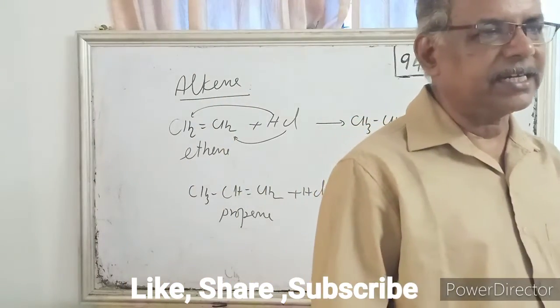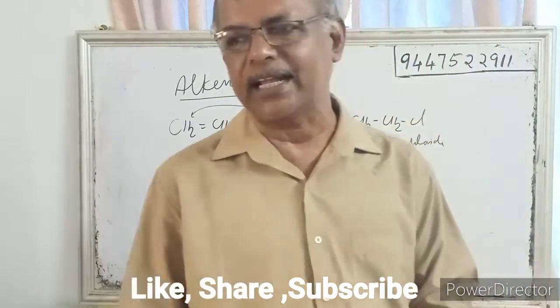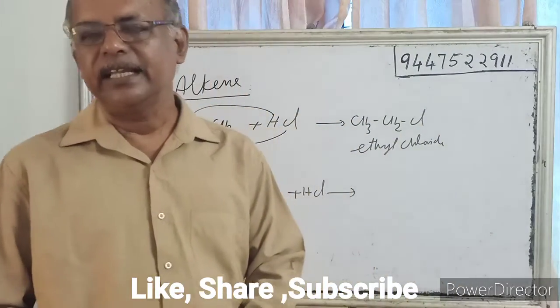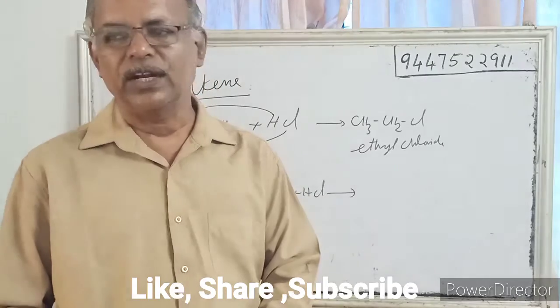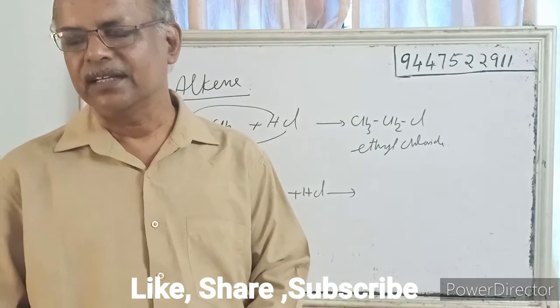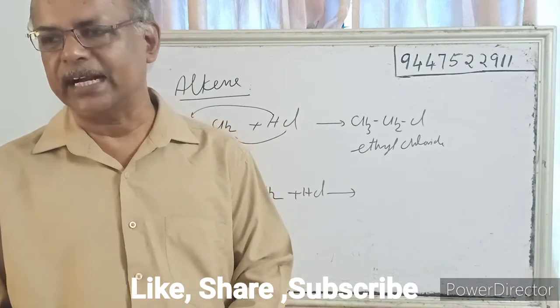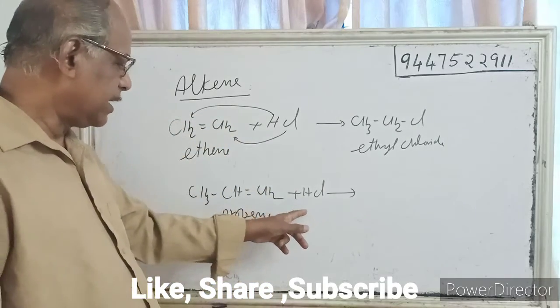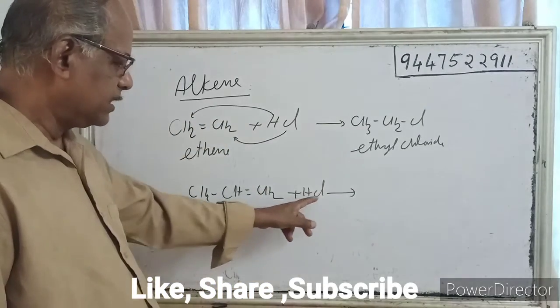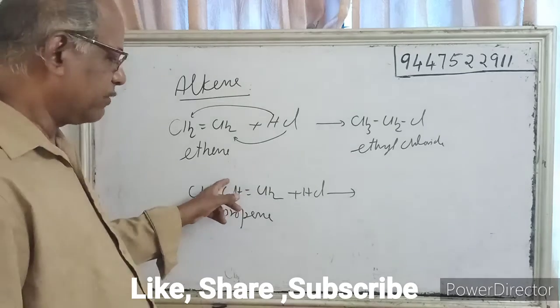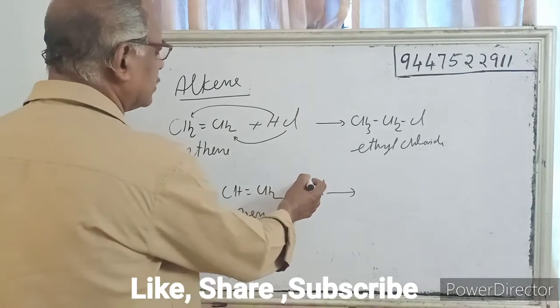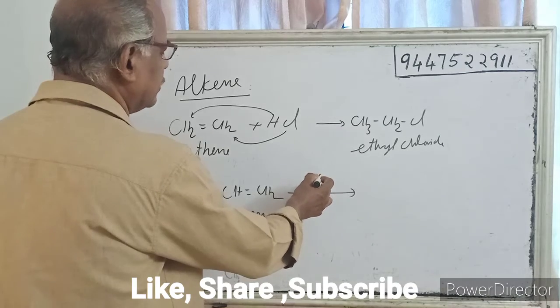When addition reaction takes place to an unsaturated unsymmetrical molecule, the negative part of the addendum will go to the carbon atom which contains the lesser number of hydrogen atoms. Here the halogen could be added to the CH2 group or to the CH group. But according to Markovnikov's rule, this is the positive part, delta positive, and this is delta negative.